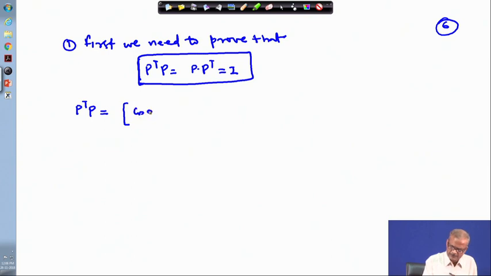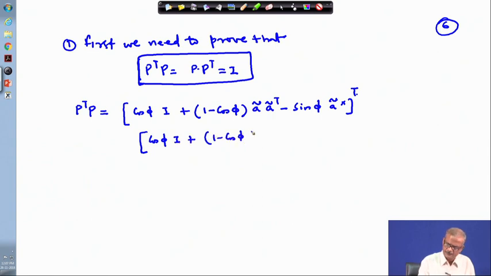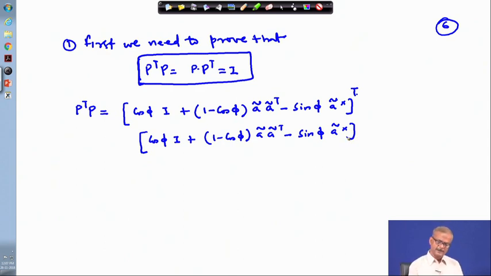this we can write as cos phi, this whole transpose, and this is to be multiplied by... as we proceed.